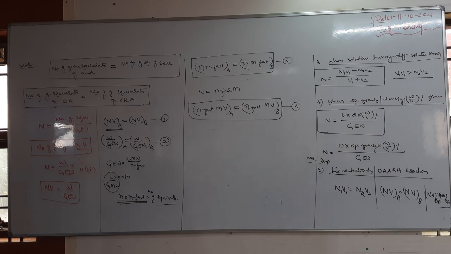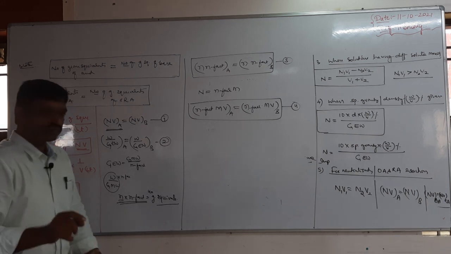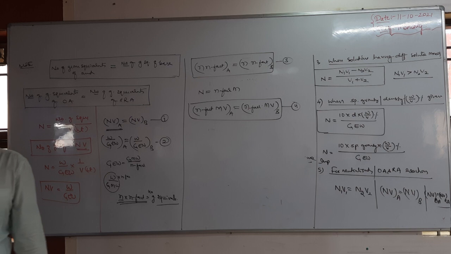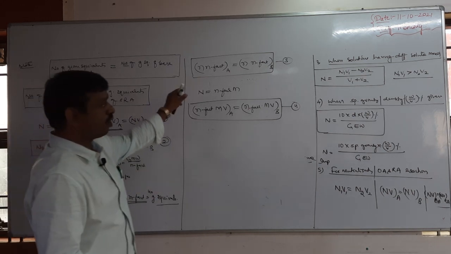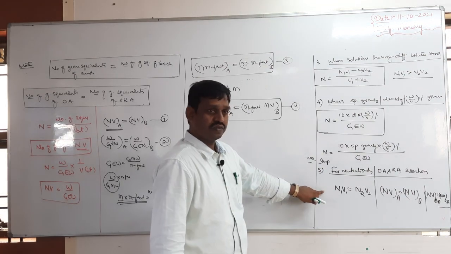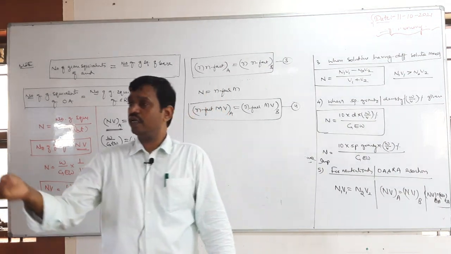The relation between normality and temperature is inversely proportional. As the temperature increases, normality decreases, like molarity, right? Next we have written the formula: normality equal to number of gram equivalents divided by volume in liter, and these are the different formulas 1, 2, 3, 4, 5.